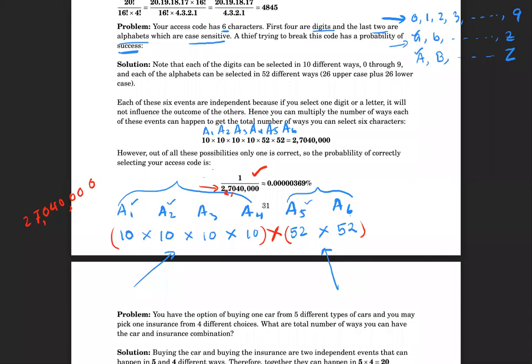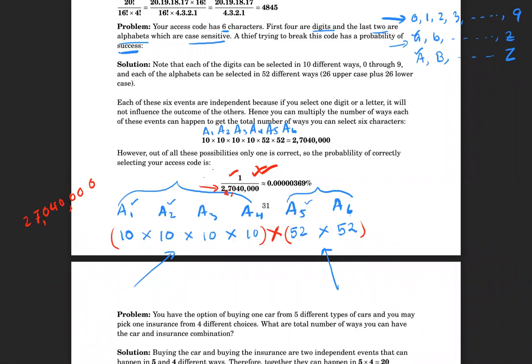But this is just a very simplified example. If somebody without any knowledge of how this password system works is randomly trying to get into this account, this is the probability that he or she would get in. So extremely low.